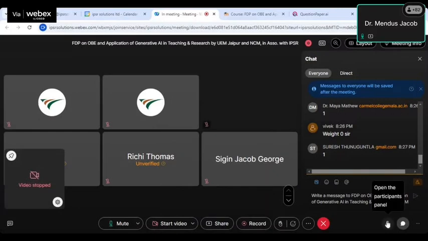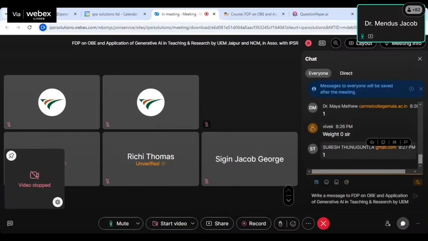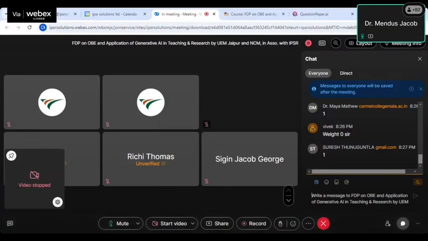So you can give the value 1, not 0. Now it's fine. I hope all of you understood the concept. This is the way we have to map the questions with the course outcomes.